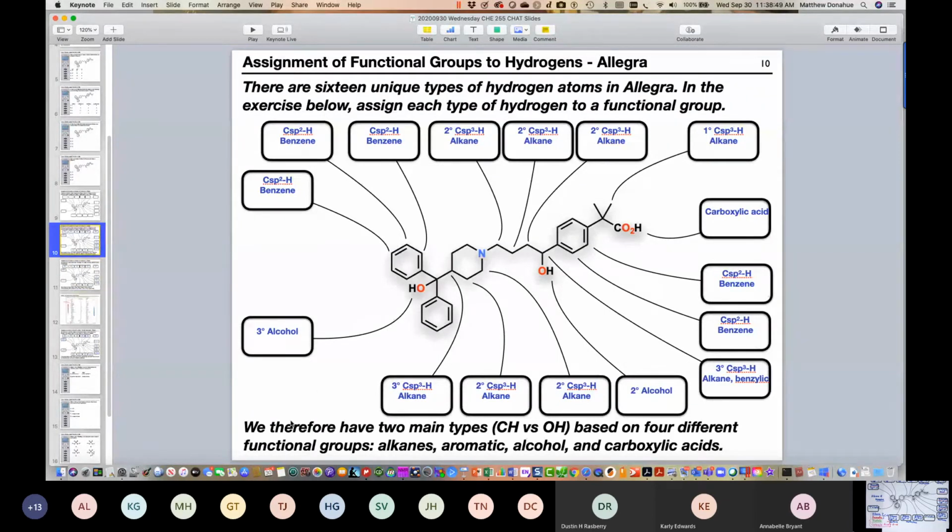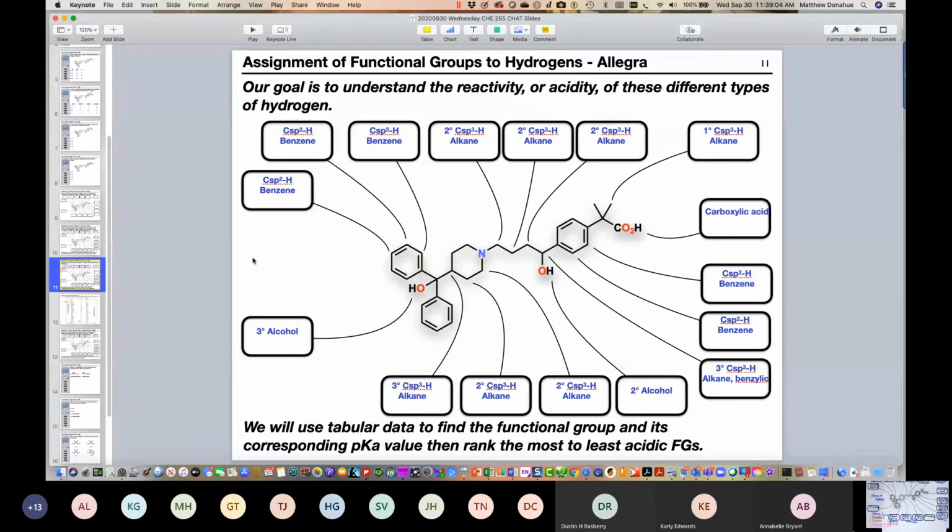So just to recap here, we came up with CH versus OH spread among 4 different functional groups: alkanes, aromatic, alcohol, carboxylic acids. The next slide states our goal for chapter 3. Our goal is to understand the reactivity, or more specifically, the acidity of these different types of hydrogen.